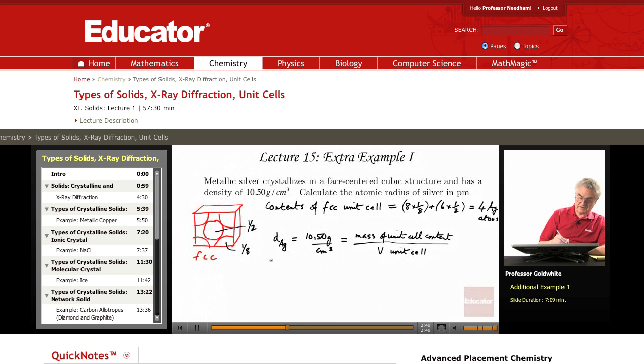So the volume of the unit cell is the mass of the unit cell content. Well, that's the mass of 4 silver atoms.